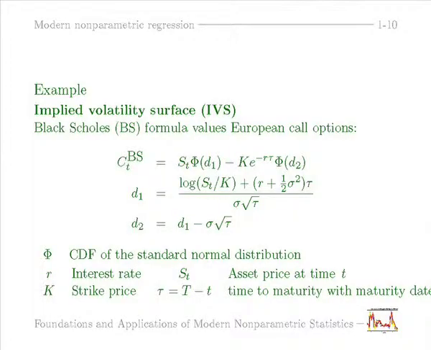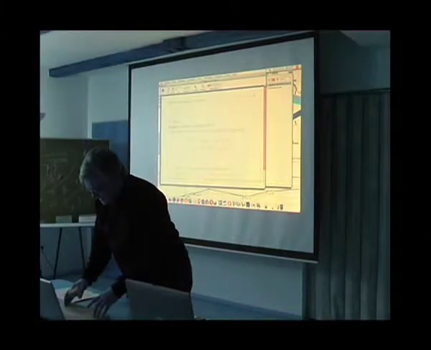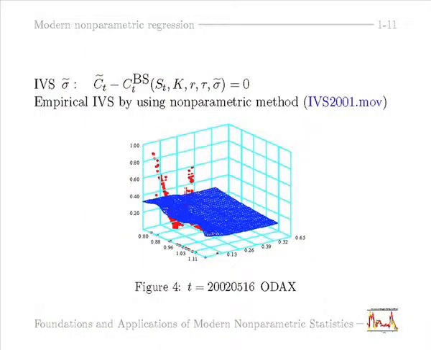Another example where smoothing could help is the calculation of the implied volatility surface. This is so well known in this room, at least since 2002, that Roger told me I should make this very short.